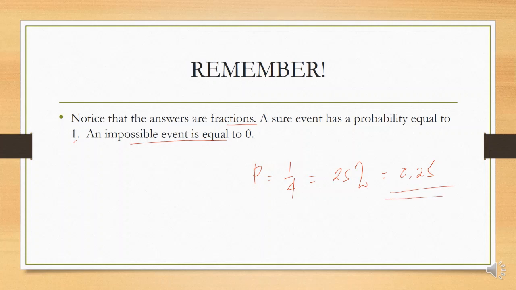Sa ibang statistics, halimbawa, nire-report natin sa TV, sabihin natin 25% of chances that the storm will hit the Philippines. So, ang presentation is in percentage. But in our computations, mostly, since we are doing this, N of A and N of S, for event A, the fraction will do.